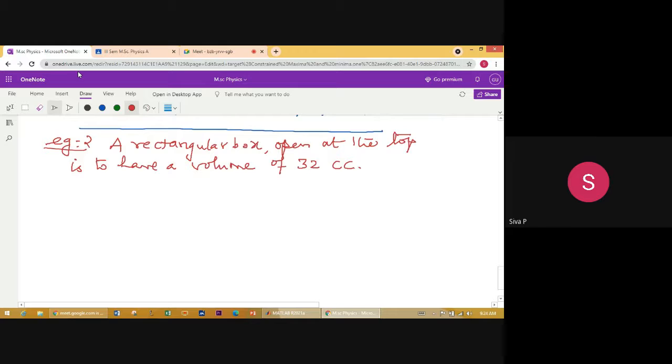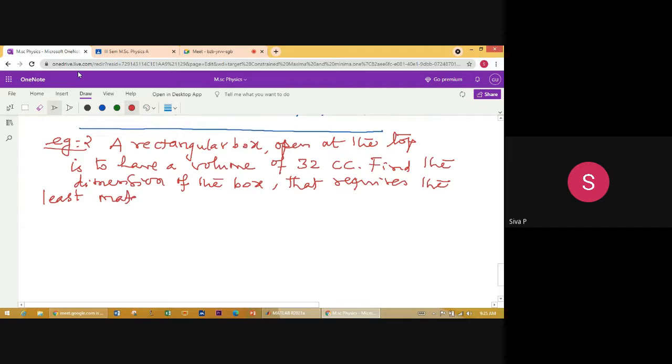Find the dimensions of the box that requires the least material for its construction.